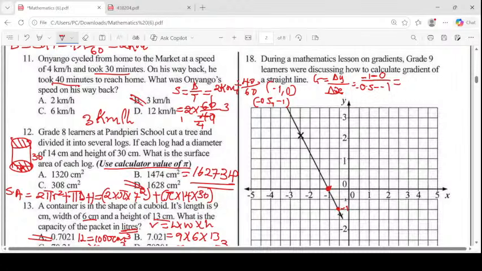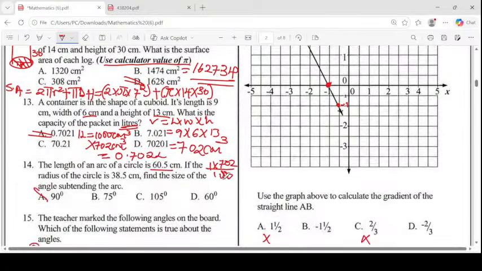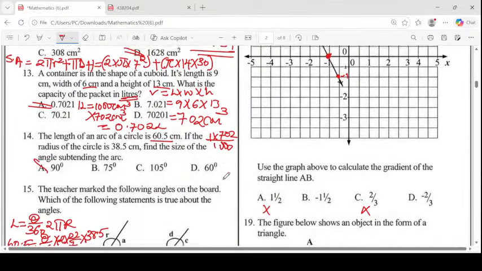So -1 minus 0 is -1 all over negative 0.5 minus -1, which is like saying negative 0.5 plus 1, which is 0.5. Now I'm having -1 divided by 0.5, which is -2. Still, I'm not getting the correct answer.